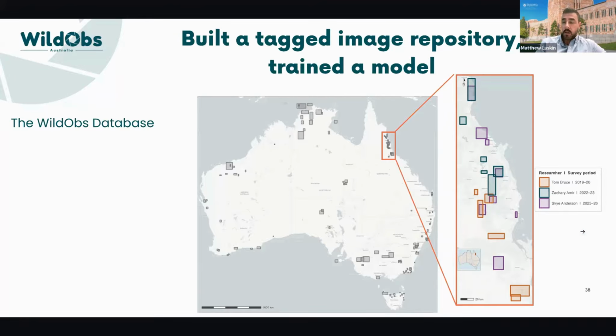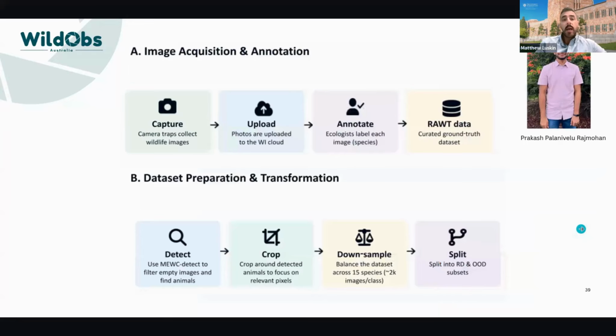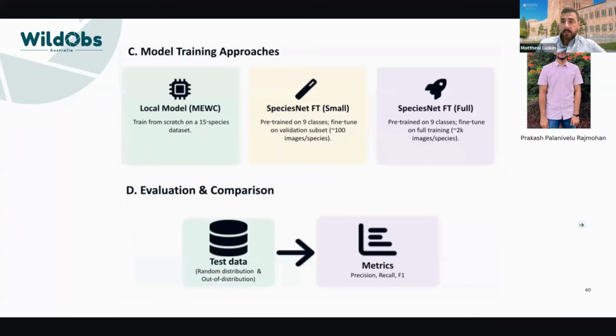So we went and got all the previous tagged images, and we went through this process, which was capture the images, upload them to the cloud, we annotated them, and then we had our true data. Then we tried training models a variety of ways. First, we did a local model, which means we built it using only the pictures that we had.